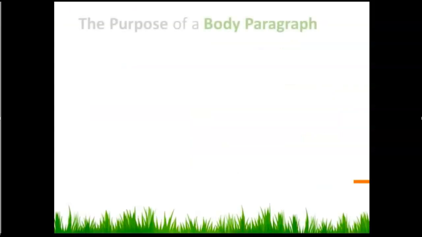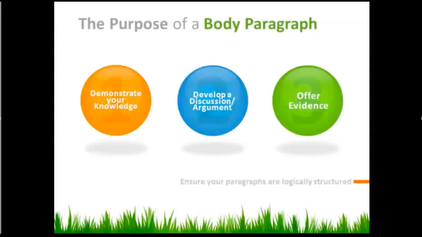The body of your essay will consist of paragraphs which function as building blocks in the construction of your overall paper. The body is where you demonstrate your knowledge and grasp of the material that you've read. It's also where you develop a discussion or argument. In order to substantiate your argument, you'll also need to offer evidence.